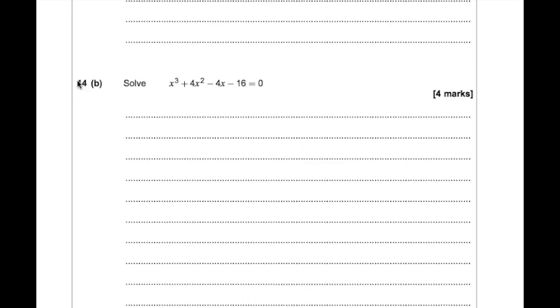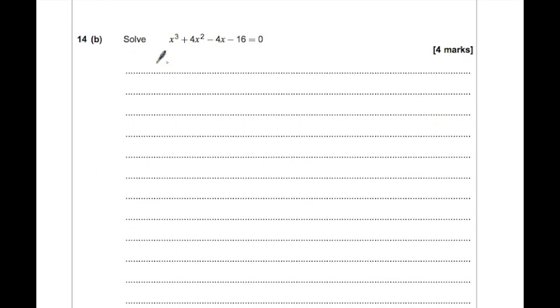So let's give myself a bit more space. We know then this cubic must equal x minus 2 times by some quadratic, so some lot of x squared plus or minus some lot of x's plus or minus some number equals 0. So I'm going to use my grid method.